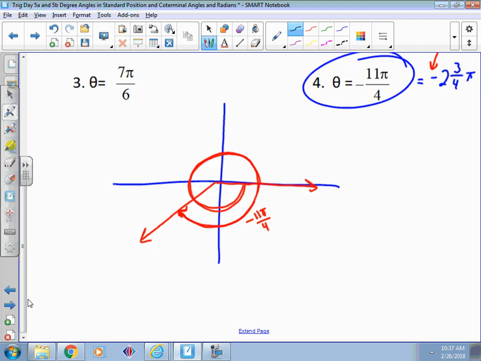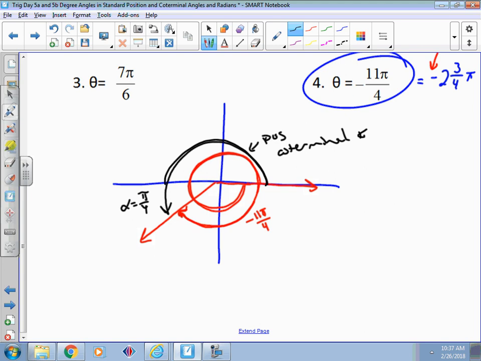Anyway, they are asking me though for one positive coterminal angle and one negative coterminal angle. So start at the same place, end at the same place, but find a different way to get there. Because I just went in the counterclockwise direction, that would be a positive coterminal angle. Do you remember that this reference angle was pi over 4? How much is it to get all the way from here to half a circle?